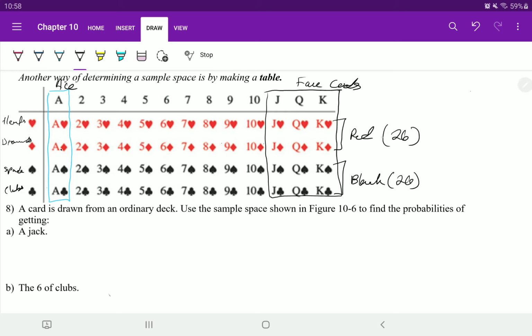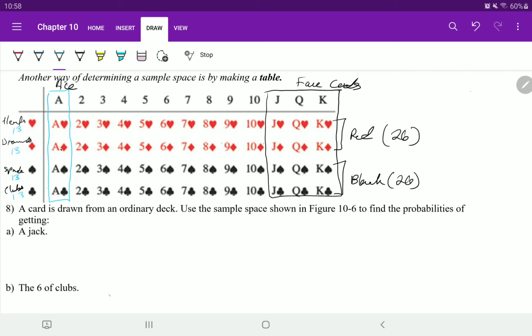Now, if there are 26 red cards and there are 2 shapes for the red cards, that means each of those shapes, which we call suits, have 13 cards. There are 13 hearts, there are 13 diamonds, and the same thing when it comes to the spades and clubs. There are 13 spades, there are 13 clubs.